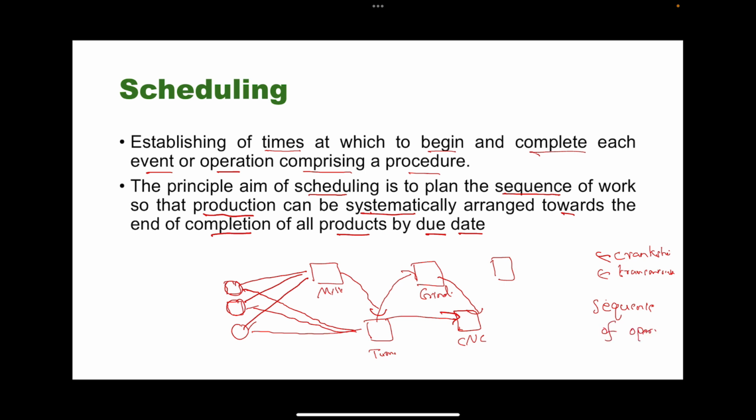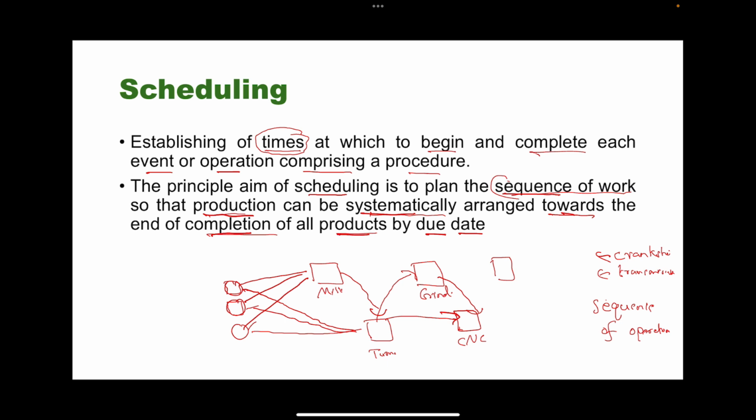And scheduling basically means establishment of time: at what time we can start the operation and when it should be completed. So that means you are planning the sequence of work so that production can be systematically arranged towards the end of completion of all products.